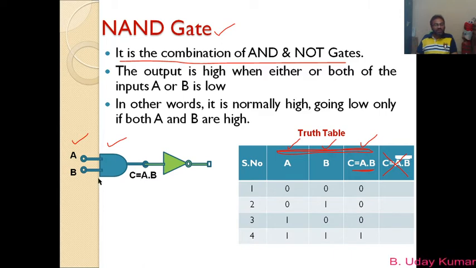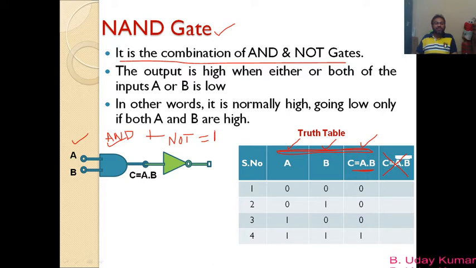So this is AND and this is NOT. That means the NAND gate is the combination of AND and NOT gate. Is that clear? So this is the AND gate, and this is the NOT gate. The combination of AND plus NOT gives you the NAND gate.